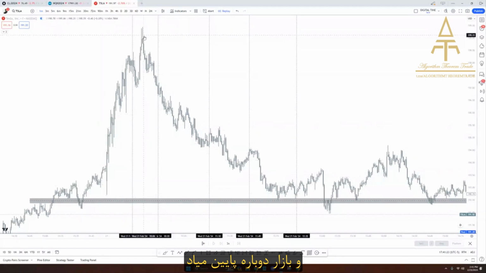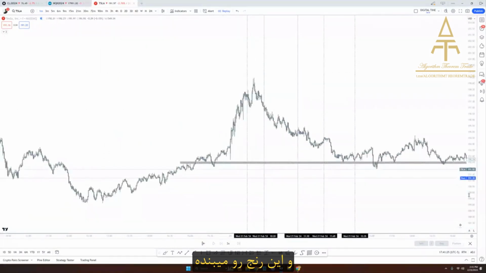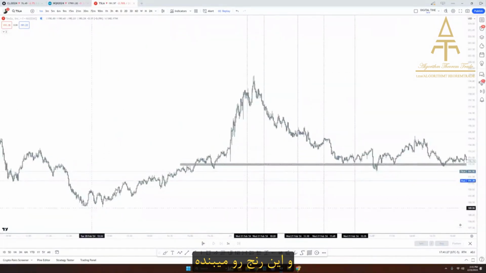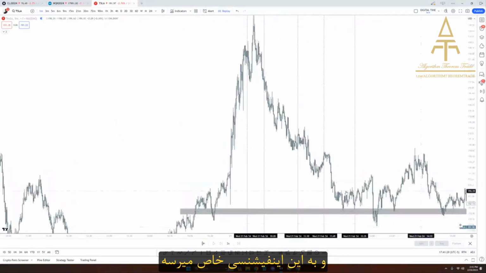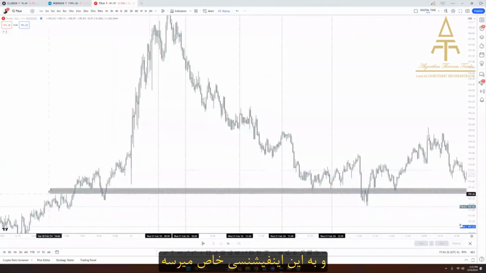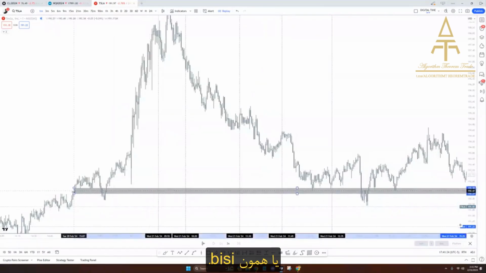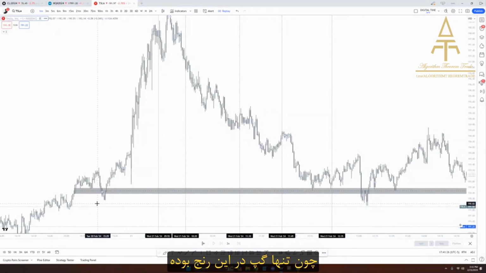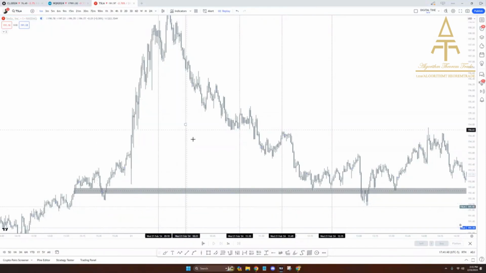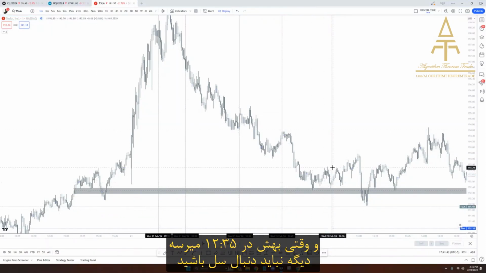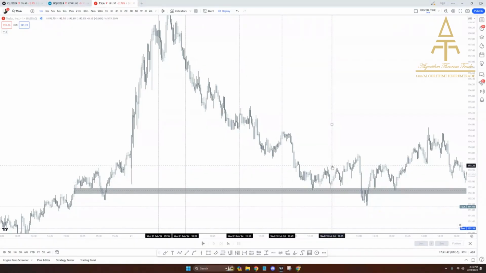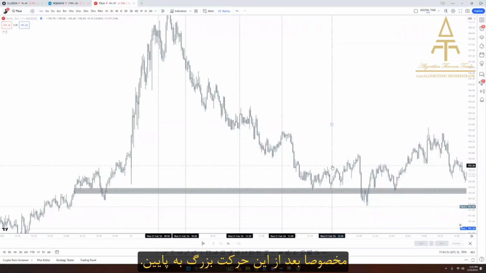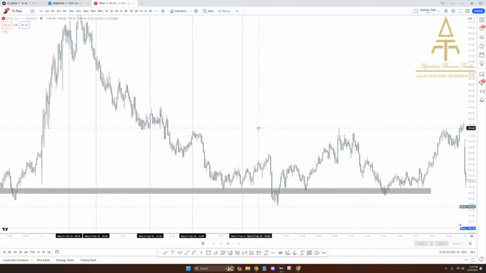Instead, price seeks to reprice off this range, the low to the high, to that specific inefficiency, that specific BISI, because that is the only inefficiency throughout the range. Once it taps into that and time and price meet at 1235, you should not be looking for shorts. Okay? You should not be looking for shorts at that point, especially after this large move.